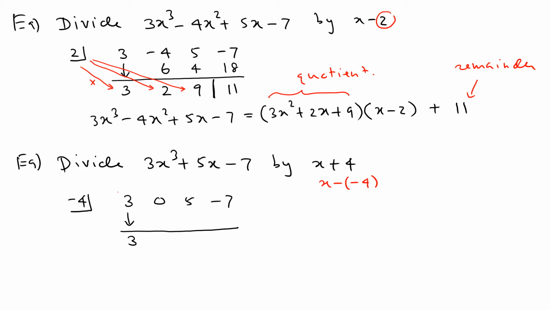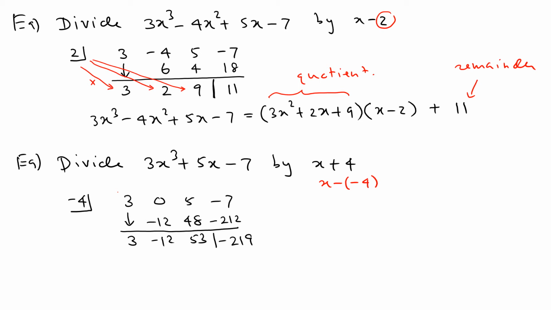Negative 4 times 3 is negative 12. Add, you get negative 12. Multiply, you get negative 4 times negative 12, that means 48. Add, you get 53. When you multiply, negative 4 times 53 means negative 212. And when you add, you get negative 219.